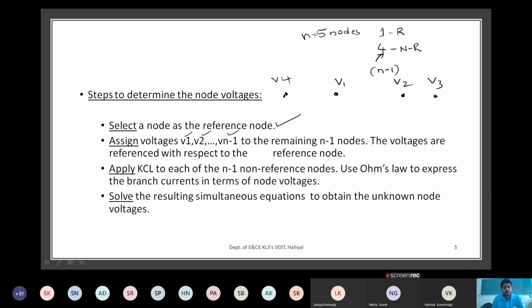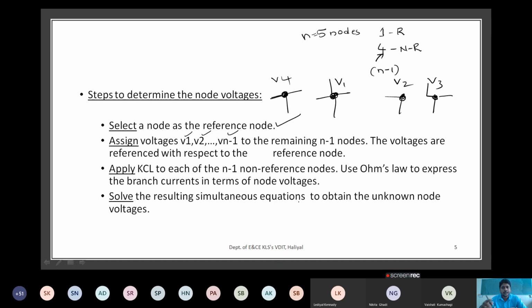I will tell you with the help of a problem itself. You may get conditions like this, where 3 components are associated with V4, 4 components are connected, 2 components and 3 components. After writing the KCL equations, you have to solve the resulting simultaneous equations. In mesh analysis we used KVL, here we need to use KCL.